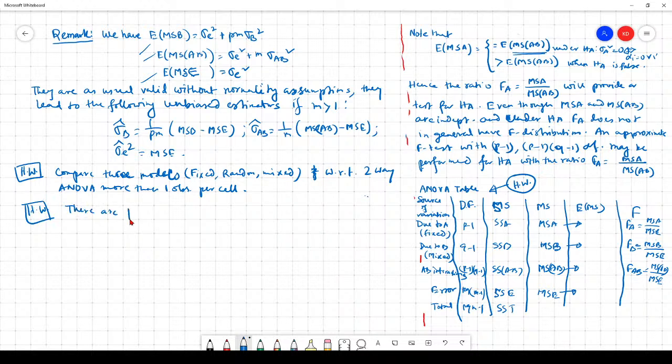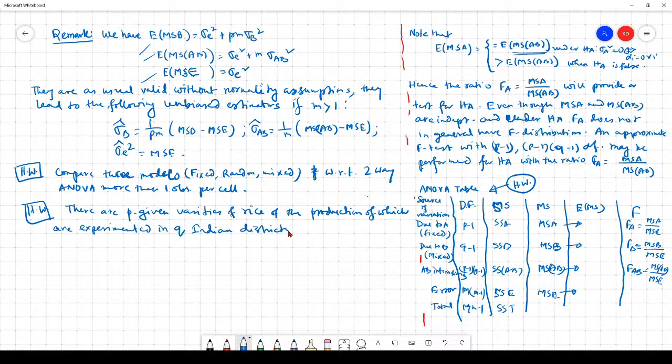There are P given varieties of rice, the productions of which are experimented in Q Indian districts chosen randomly.